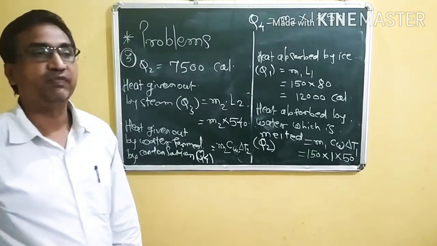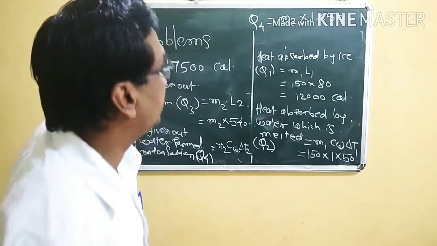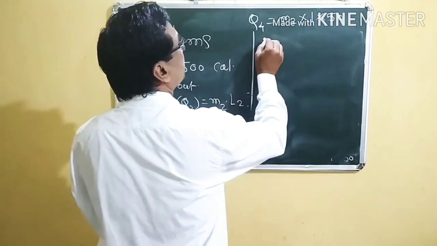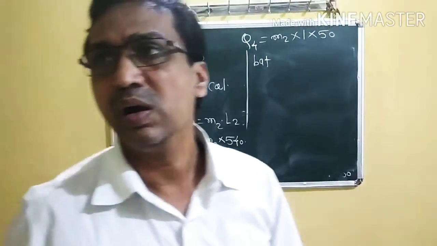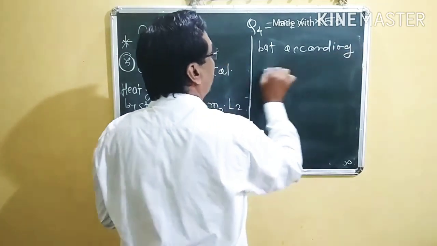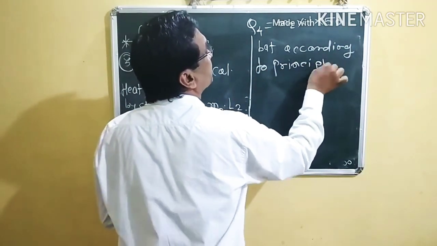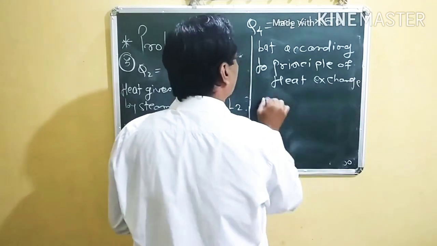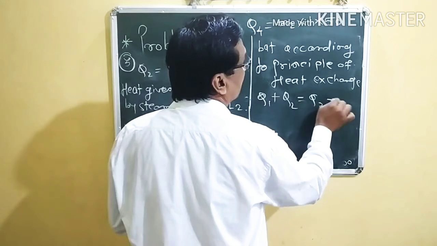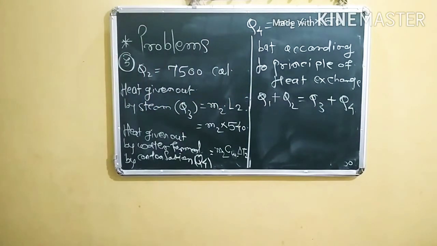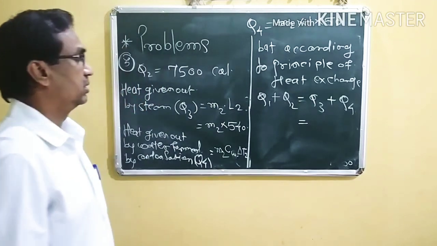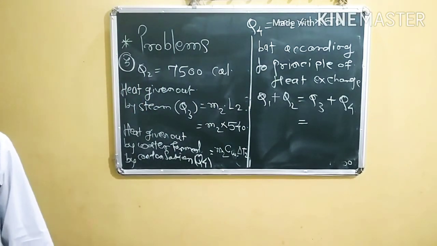According to the principle of heat exchange, Q1 plus Q2 is equal to Q3 plus Q4. So we have to put the values.